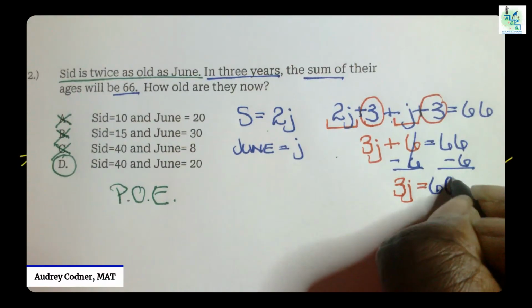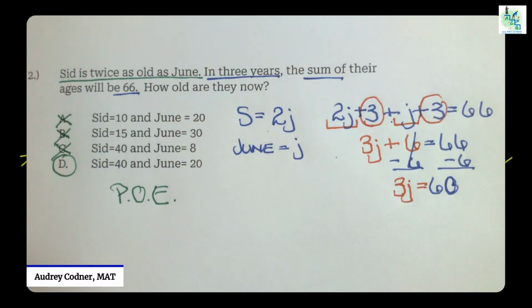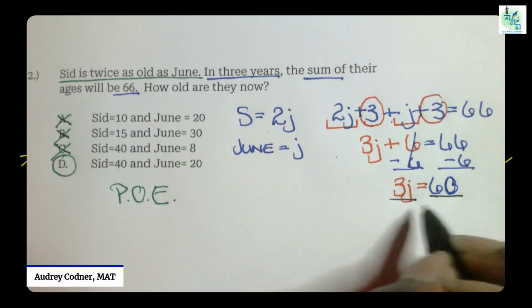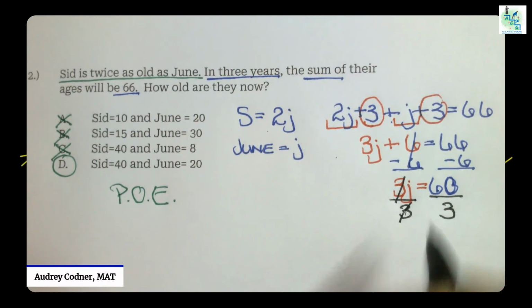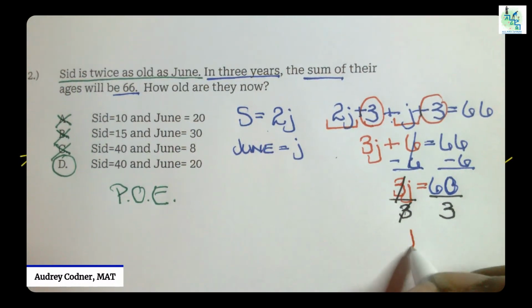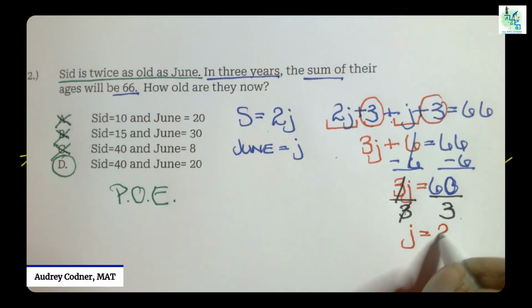I like to switch colors so you can see the whole process a little bit. Now, I need to divide both sides by 3. So 3 divided by 3 gives me 1, but I don't need the 1 as a placeholder per se because I still have my J. So now 60 divided by 3, that will give me 20.